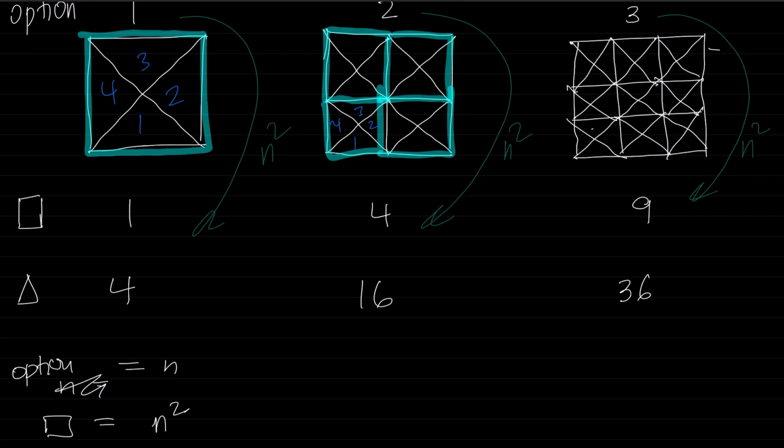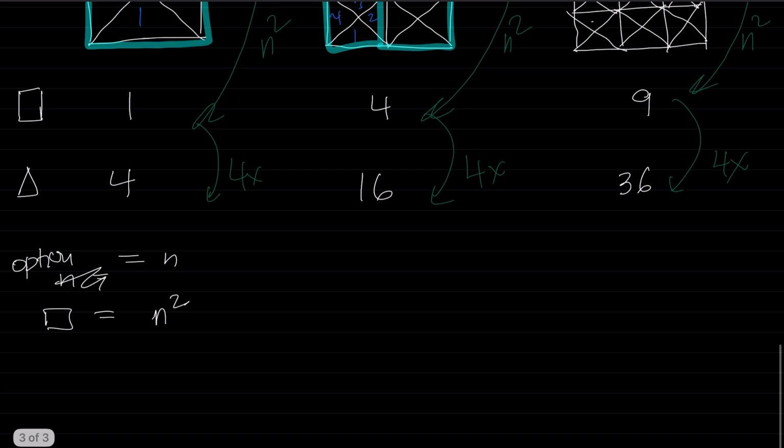But then the next bit is where you are multiplying that by 4. So the number of triangles is going to be 4n squared. Now the number of triangles, like we did before, cannot exceed 52. So 4n squared must be less than or equal to 52.